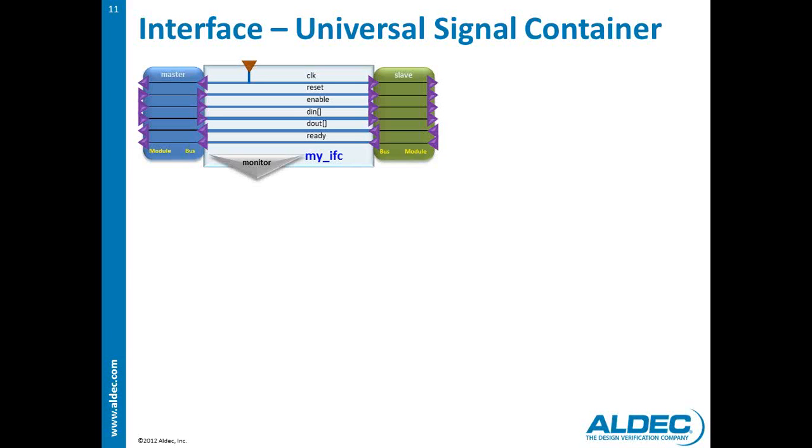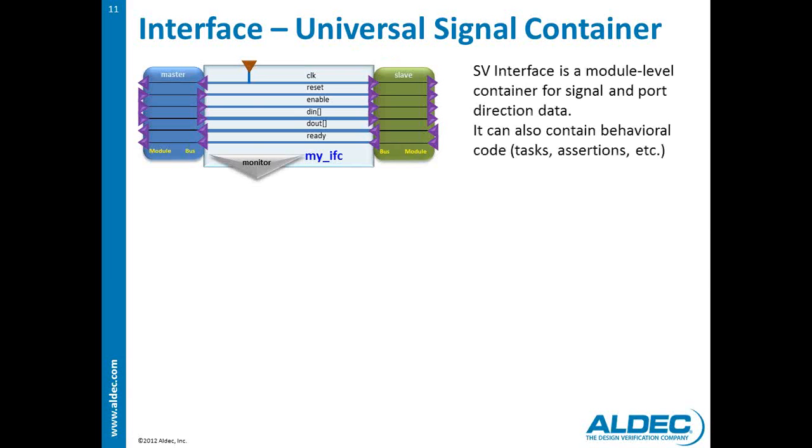And now we have to proceed to the interesting area of SystemVerilog interfaces, which can be called universal signal containers. First, you've got that main bright blue area, which groups a couple of signals: clock, reset, enable, data in, data out, ready, and a couple of attachments, which specify what are the directions of those signals.